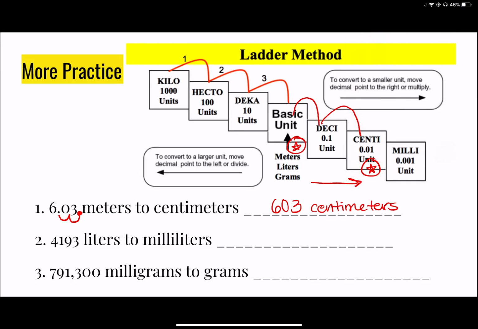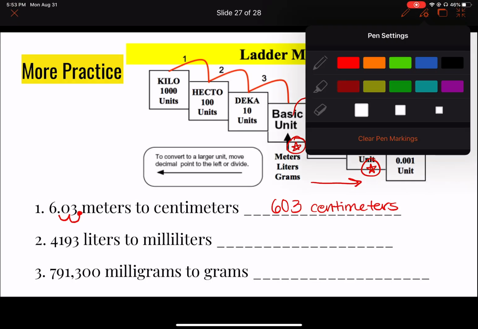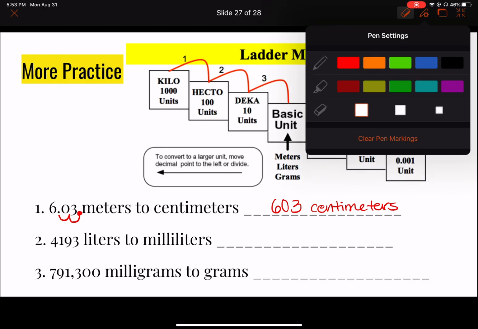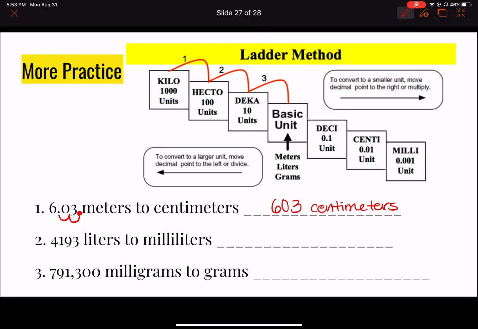Let me see. Can I erase? Oh, yes, I can. All right, let's do number 2. 4,193 liters to milliliters. Liters is right here on our basic units, and we're going to milli, which is over here. So there's our start, there's our finish, and we're going to the right.